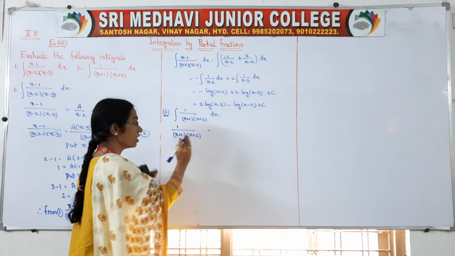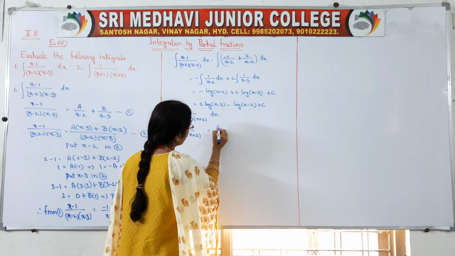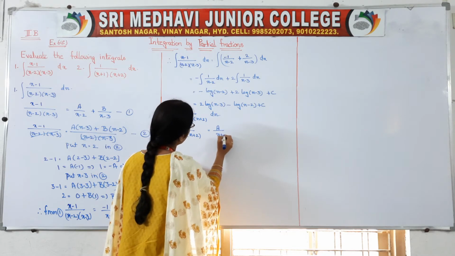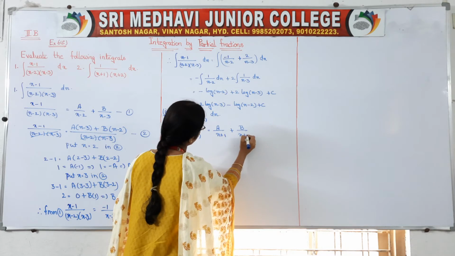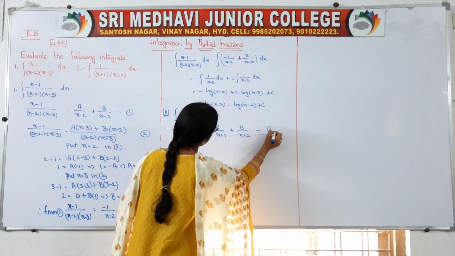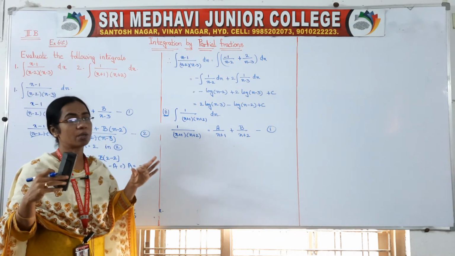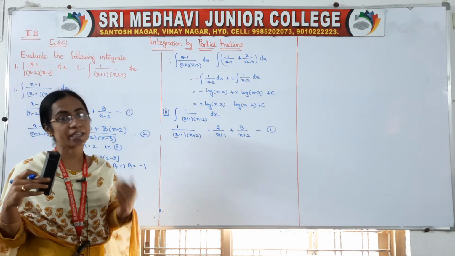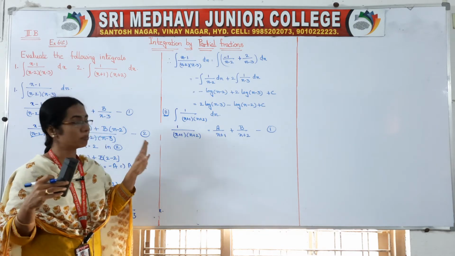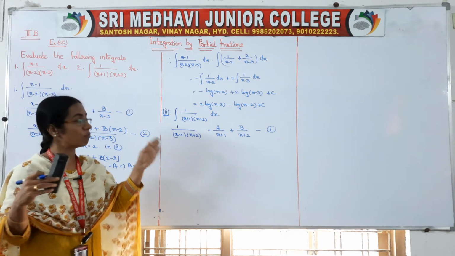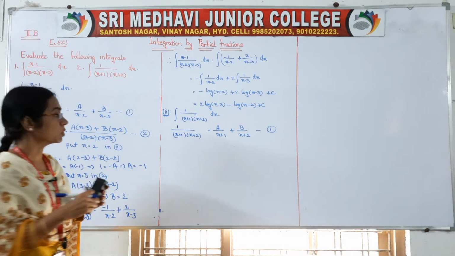For each linear factor you take one fraction. How will we take? Some constant by that linear factor, a by x plus 1, b by x plus 2. You consider that as the first equation. So in the given problem, the denominator contains linear factors, which means first we have to resolve it into partial fractions. Then we apply the integration. That is the procedure.